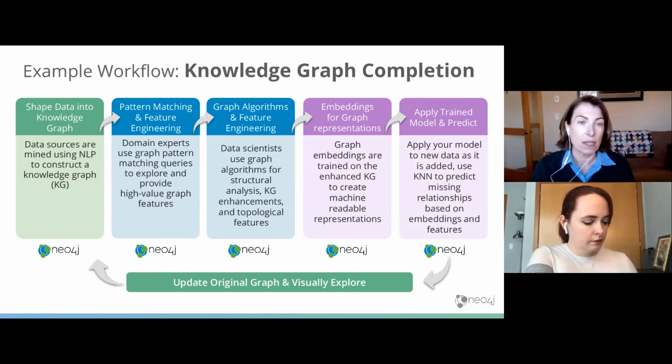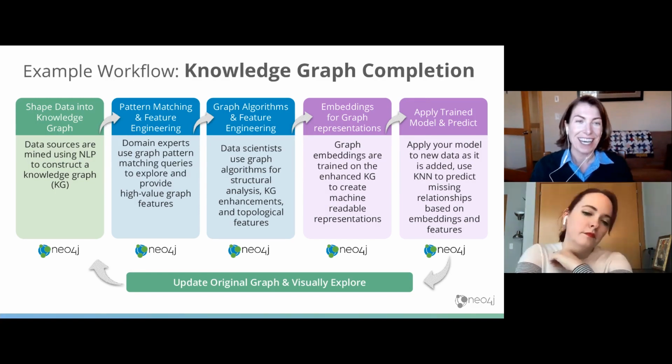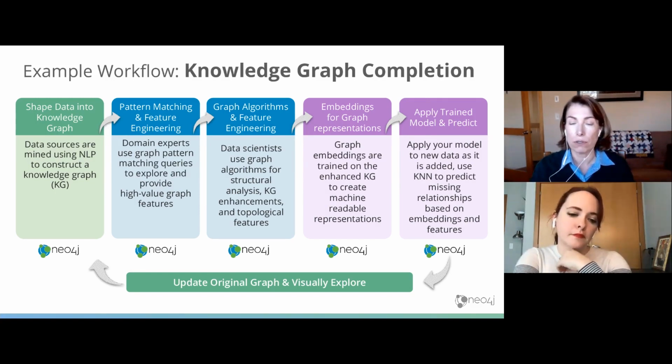Basically, you can start with just getting your knowledge into a knowledge graph and shaping it. In this case, we were looking at research data sources that you could mine, and using NLP to construct your knowledge graph itself. Then you would use some of those queries and graph algorithms to do feature engineering.